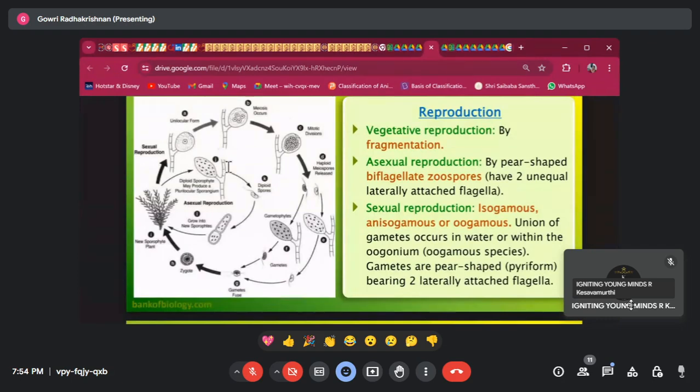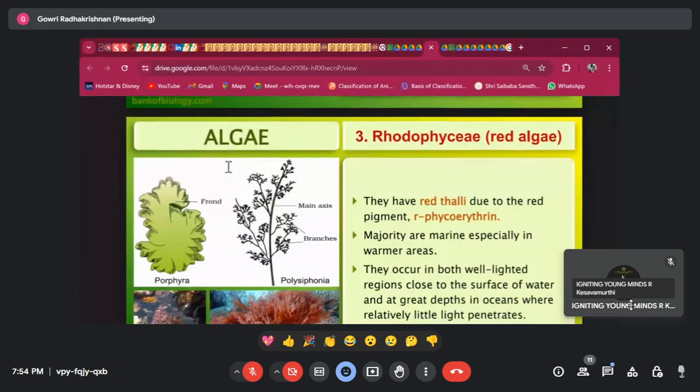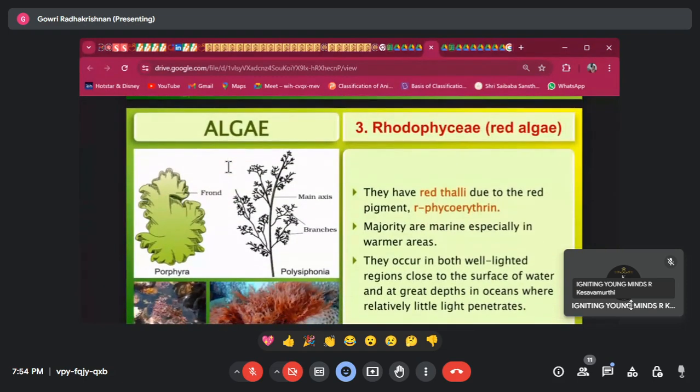The union of gametes occurs in water or within the oogonium in oogamous species. Gametes are pear-shaped, pyriform, bearing two laterally attached flagella. So are you able to remember whatever you have read, because we are just going through the points?